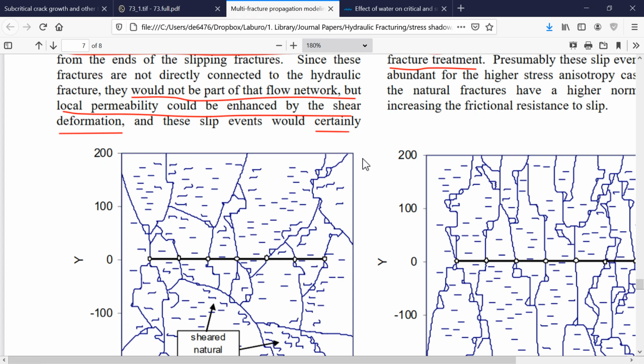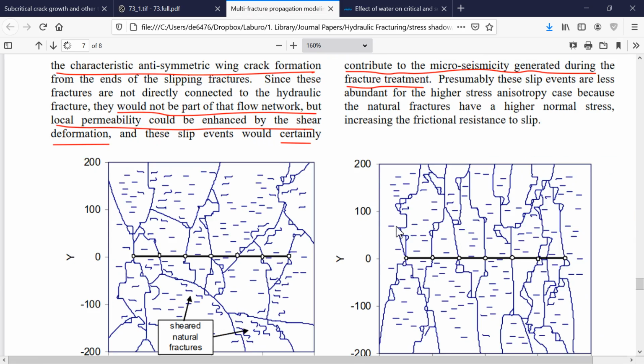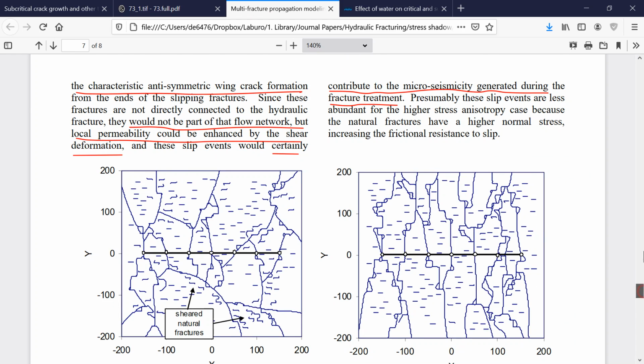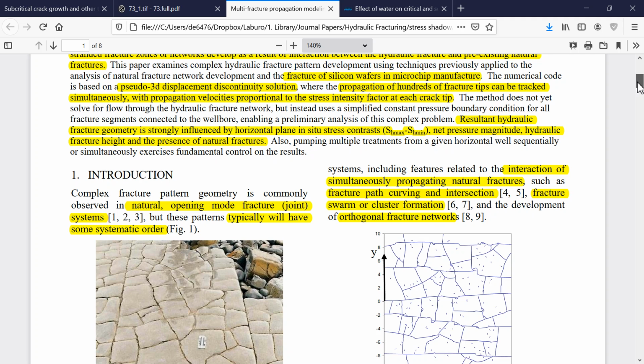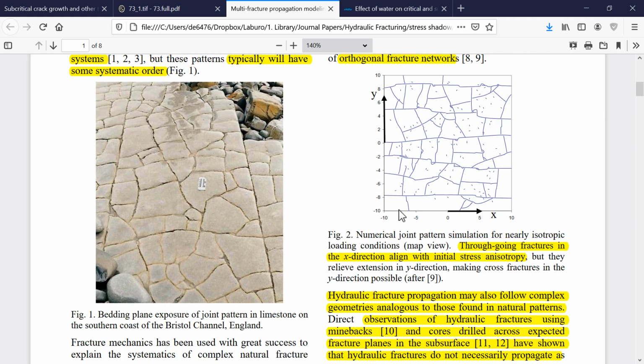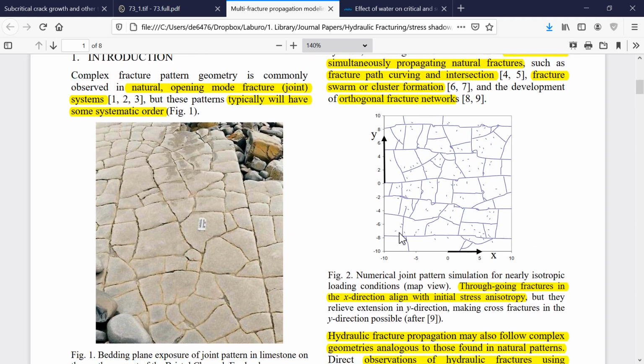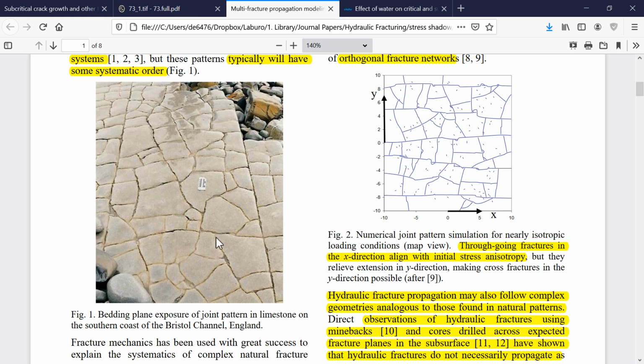And here we see another paper from Professor Olson. Let me move to the top, show you what the title is. And in this paper, what we see are also numerical simulations that explain the patterns of joints in naturally fractured rock and also applications for hydraulic fracturing.